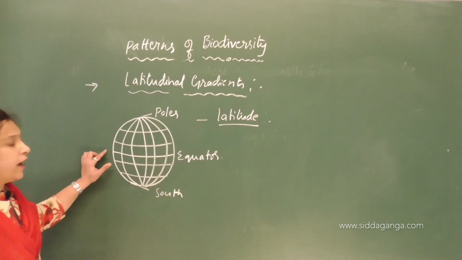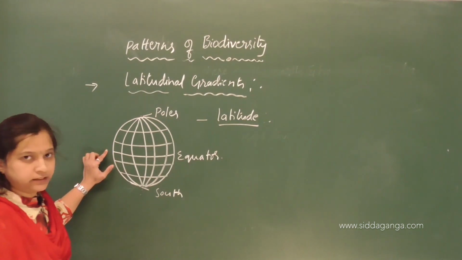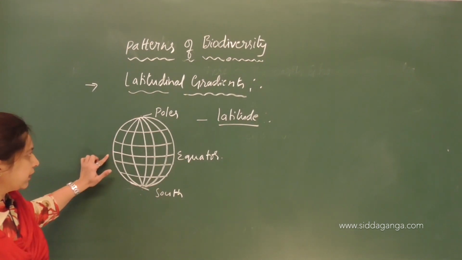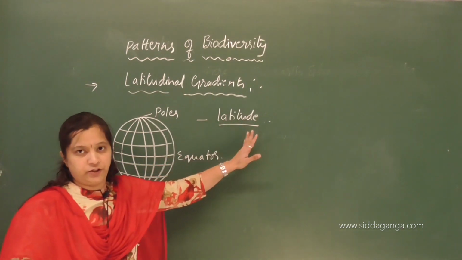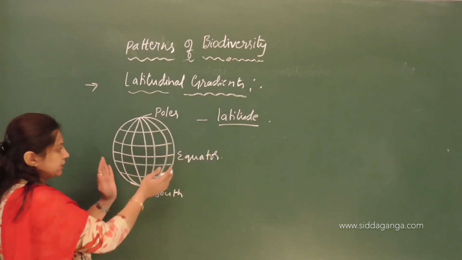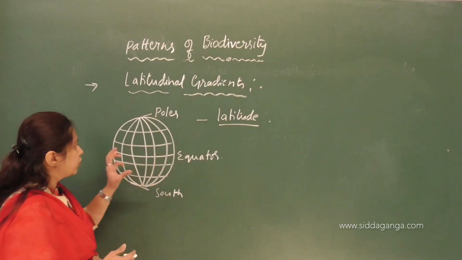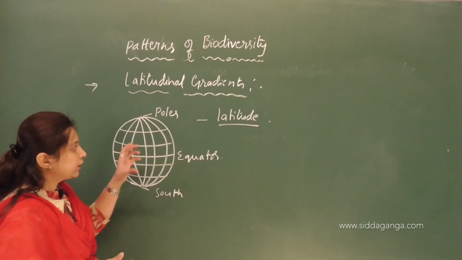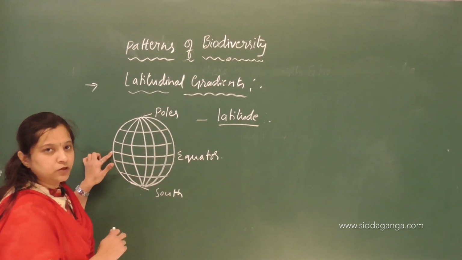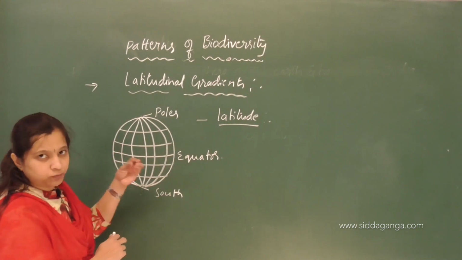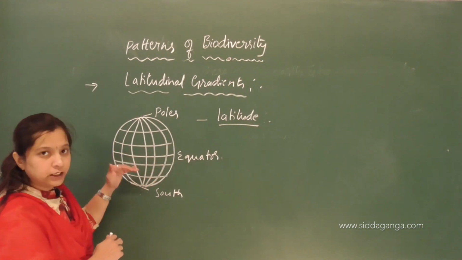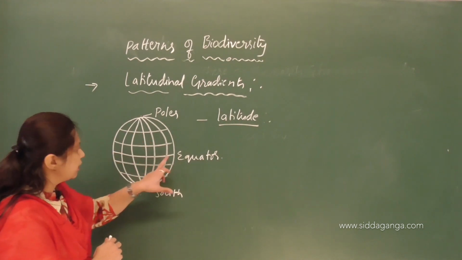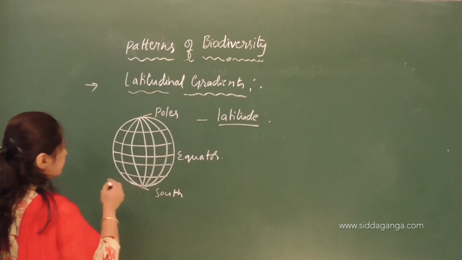Latitude is the angular distance of a place north or south of the equator. There are so many places on the globe, and their locations are measured in terms of the angular distance of the places with respect to the equator. So that is our latitude.